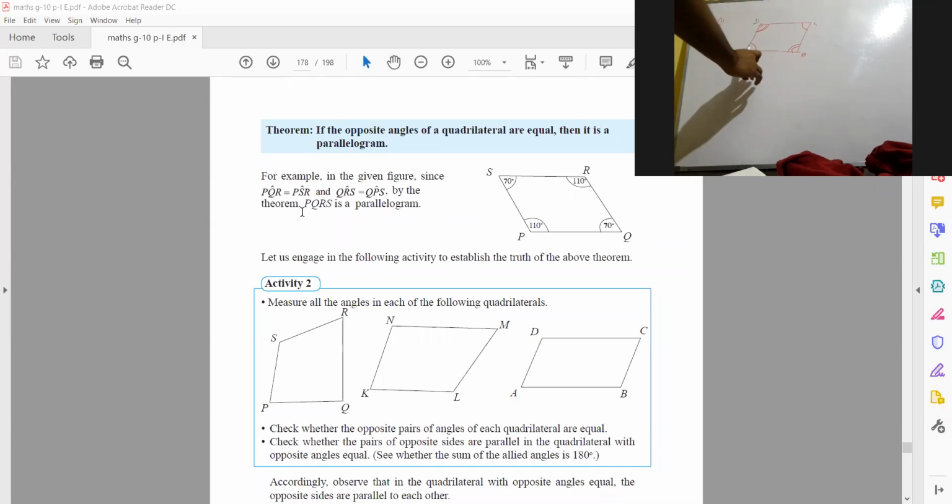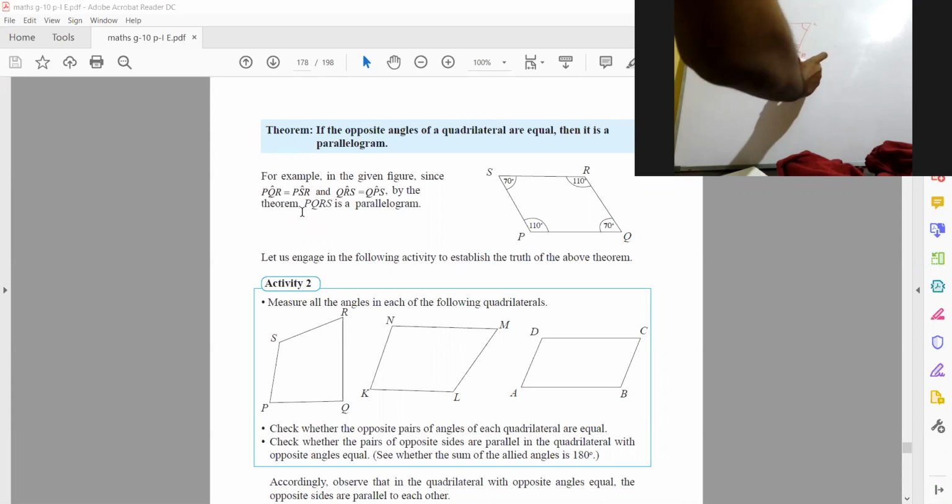Here these two angles are equal and these two angles are equal, which means opposite angles are equal. As the theorem says, when a quadrilateral is like this, we can say that this quadrilateral is a parallelogram. That means we can directly jump to the conclusion that this quadrilateral is a parallelogram, right? ABCD is a parallelogram.